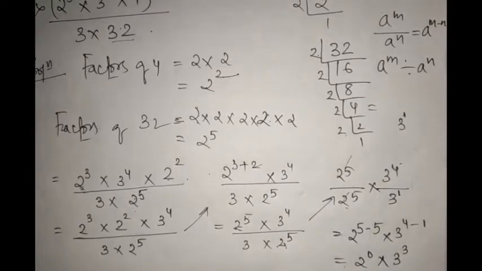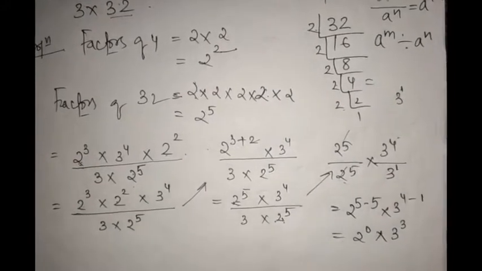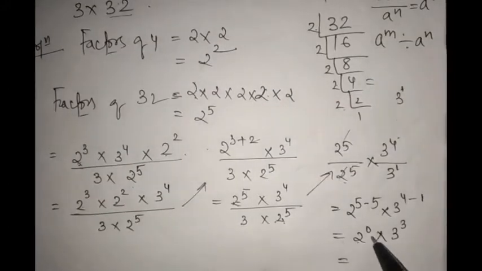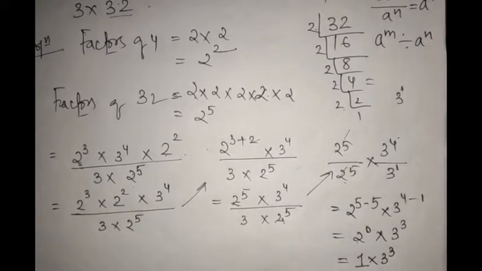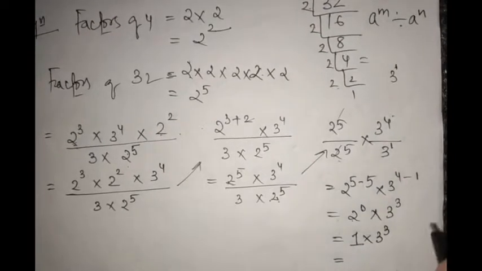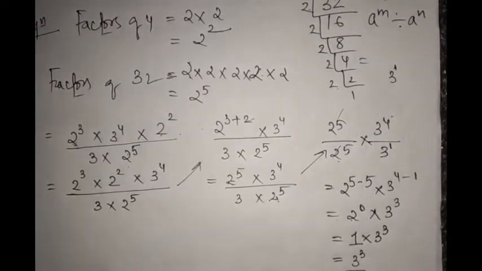Okay student, so now the biggest thing which you have to learn is any base having a power 0 will be 1, okay, into 3 cube, and 2 to the power 0 is 1, so 1 into 3 cube is 3 cube. Alright, so this is your last answer.